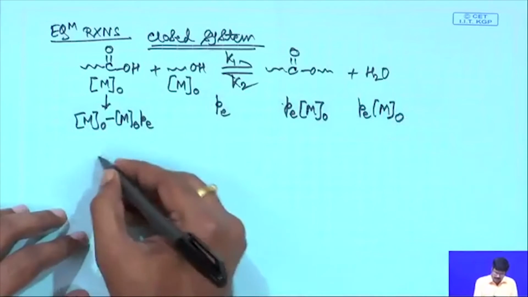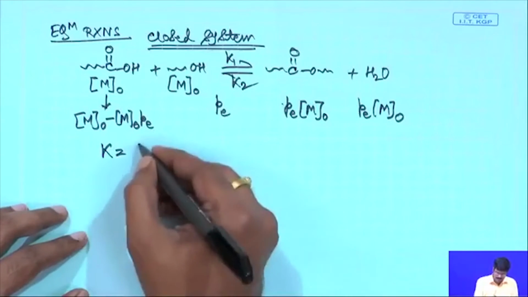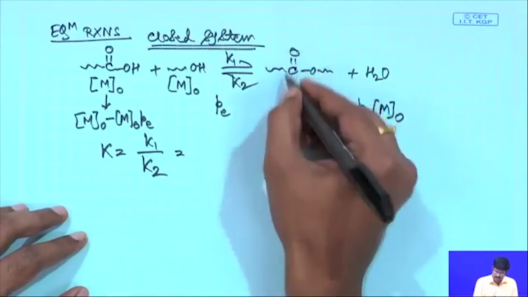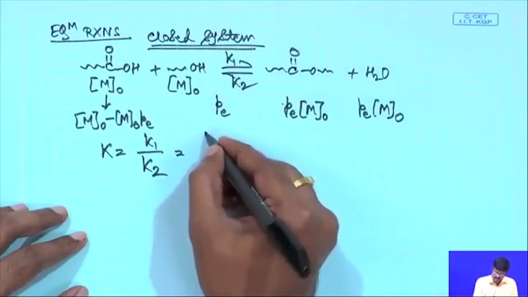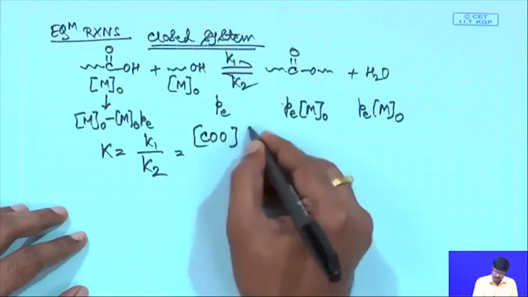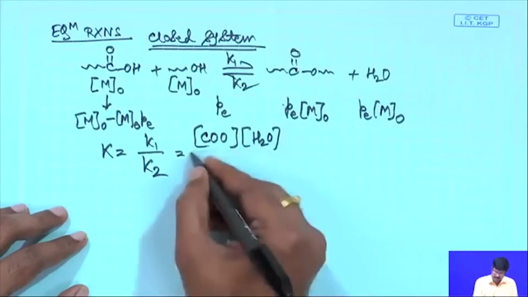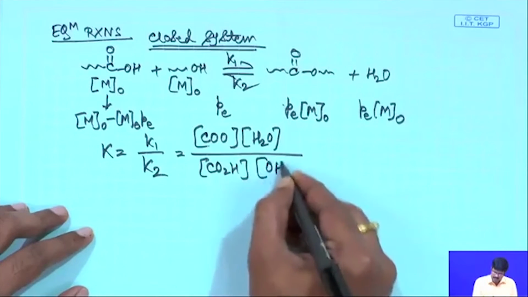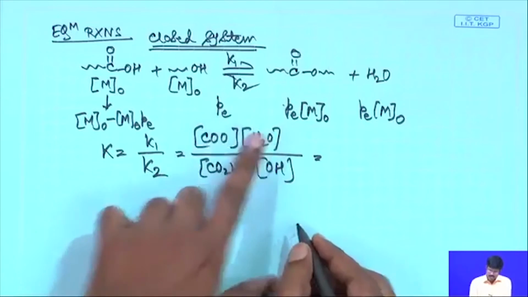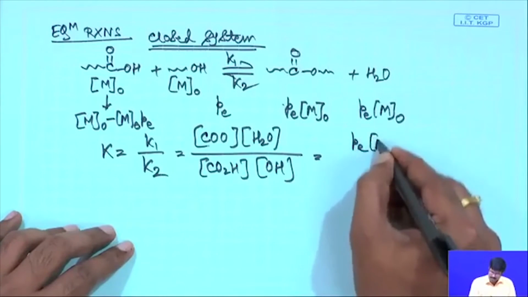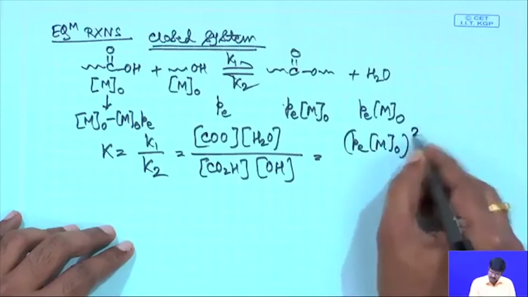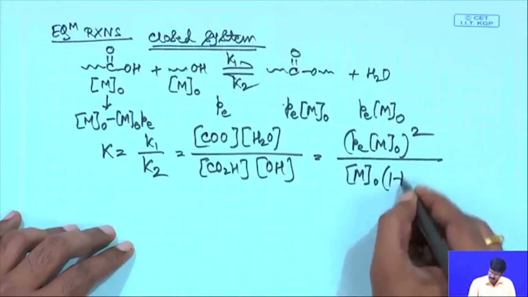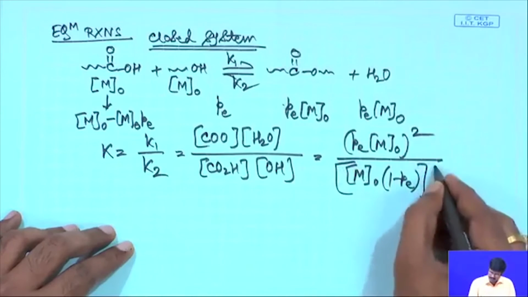So, if you write down the expression of equilibrium constant, which is nothing but small k1 divided by small k2, which is equal to, say, this product we write as the ester, COO, and water is water concentration here, and this is CO2H starting material, and this is OH. So, this will be then PE M0 square on the top, and on the bottom it will be M0 into 1 minus PE square.